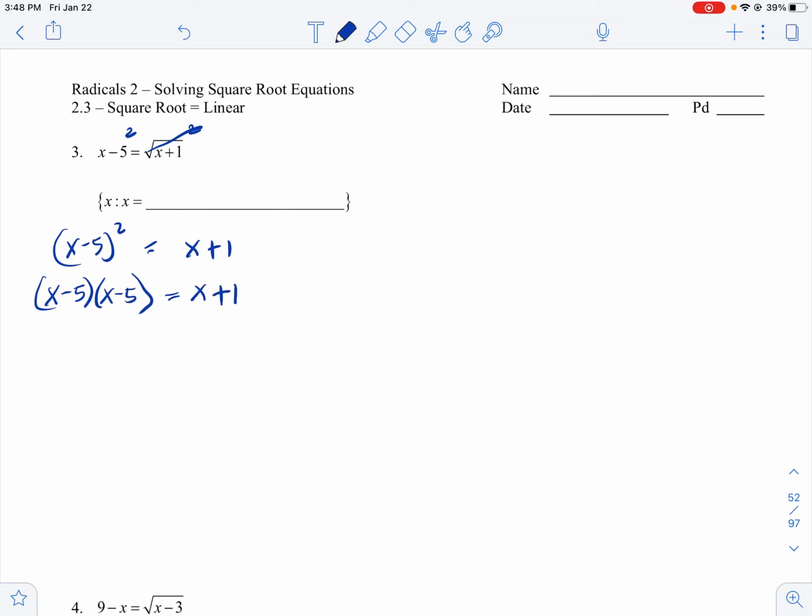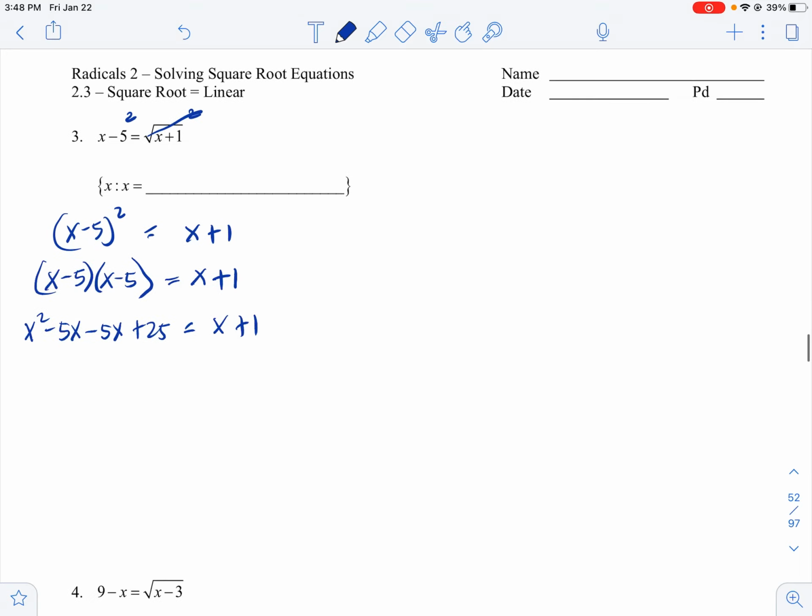And again, all you have to do is to FOIL, to distribute this one, to multiply x minus 5 to x minus 5. x squared minus 5x minus 5x plus 25 equals x plus 1.